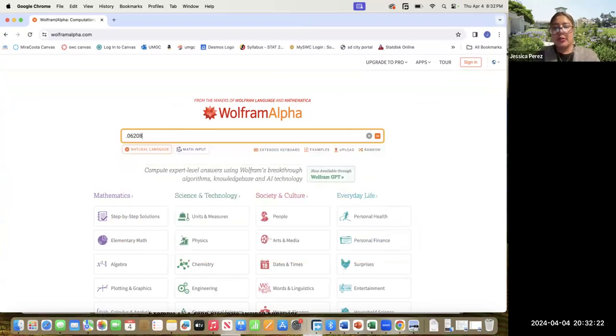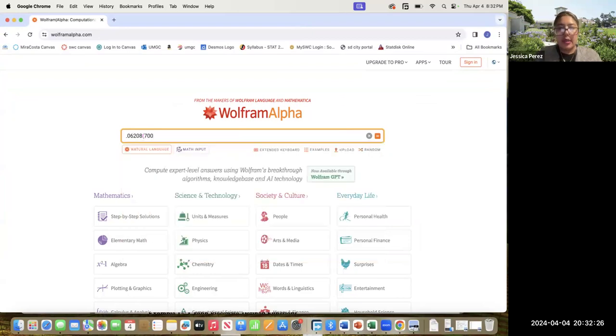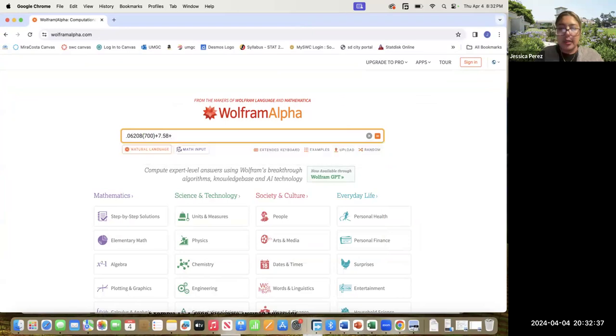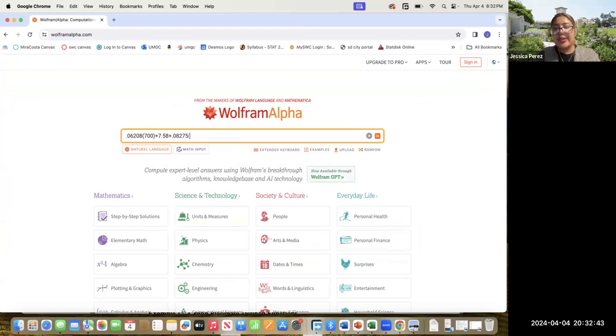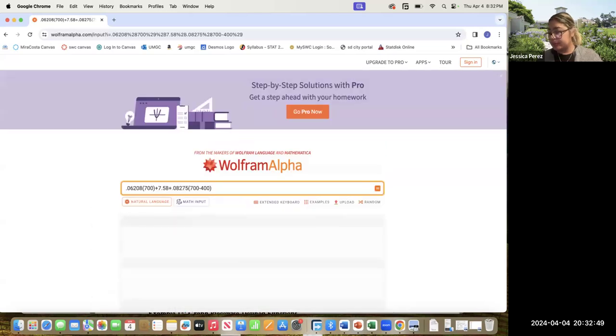So what I have is this 0.06208 times the 700 kilowatts. And then because that's the rate that I have to use, plus the 7.58 of the additional, plus this 0.08275 times the 700 minus 400. Why am I subtracting? Because I want to know the difference of that.